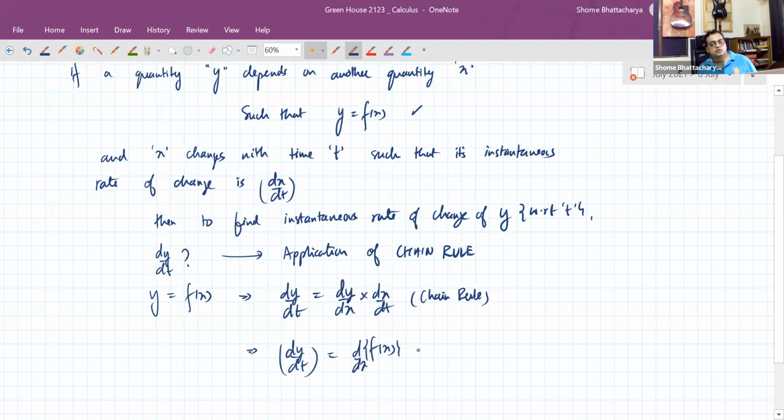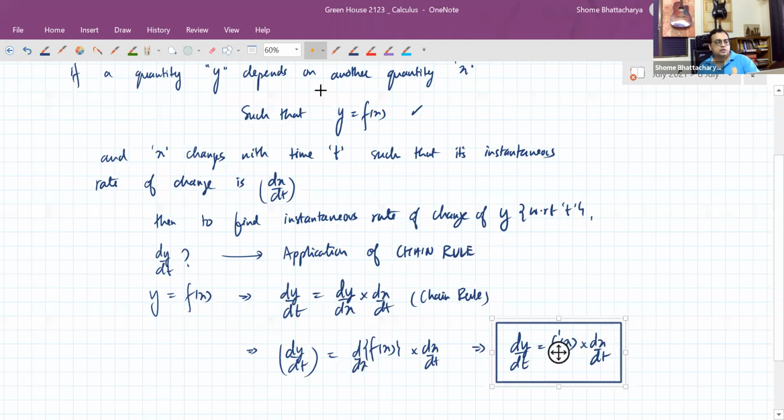From that we can relate dy by dt, the instantaneous rate of change of y with respect to t, as f prime x, the derivative of f(x), multiplied with dx by dt. So this is the final formula or the method that we'll be applying in these types of applications. Just make a quick note of this, then we'll discuss the types of questions in which this can appear.